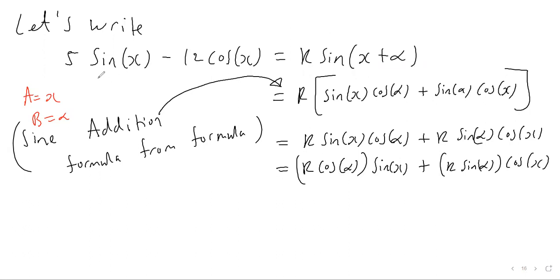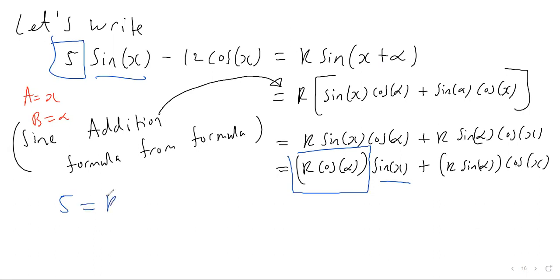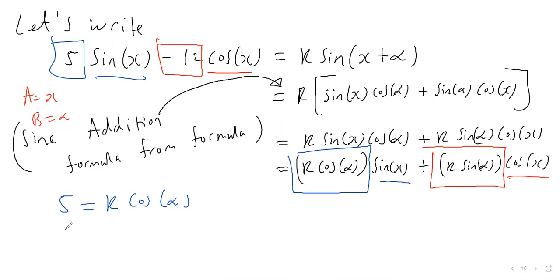If we compare the sine x there and the sine x there, if this is equal, then these coefficients must match. So we know that 5 must be equal to r cos alpha. And we can do a very similar thing here. You've got cos x there, you've got cos x there. So this negative 12 coefficient must be the same as this r sine alpha. So negative 12 must be equal to r sine alpha.